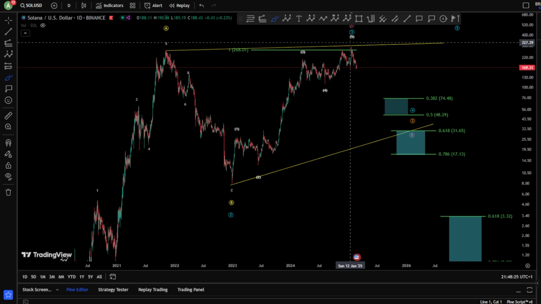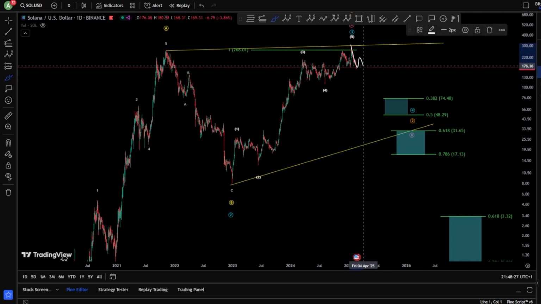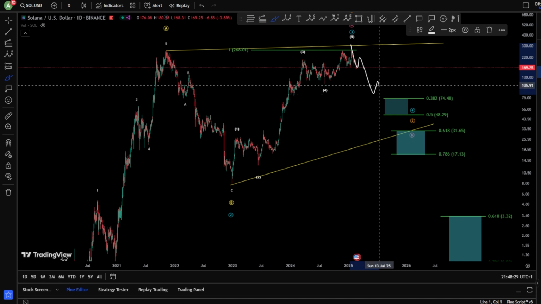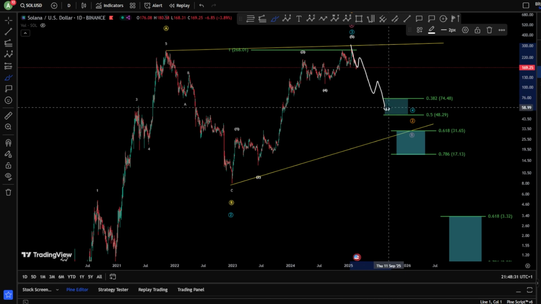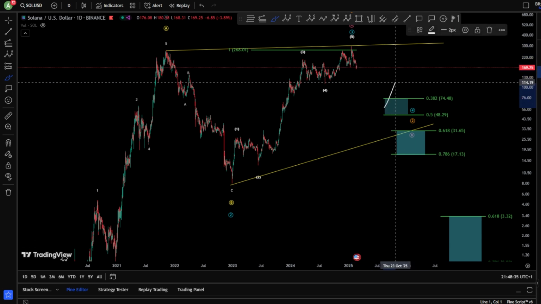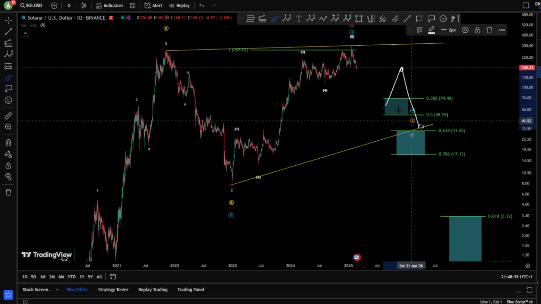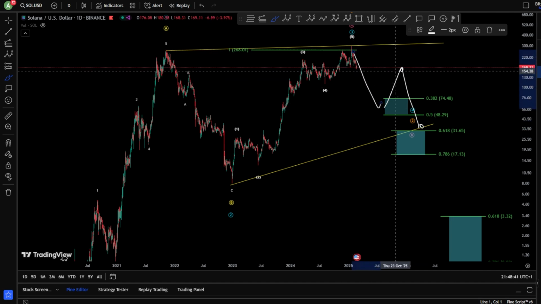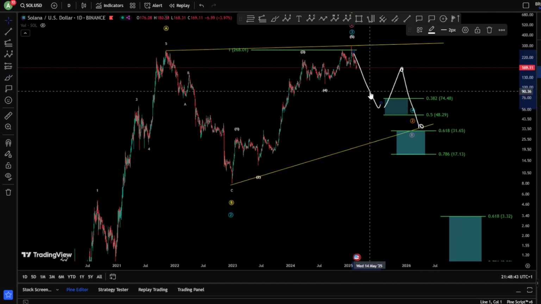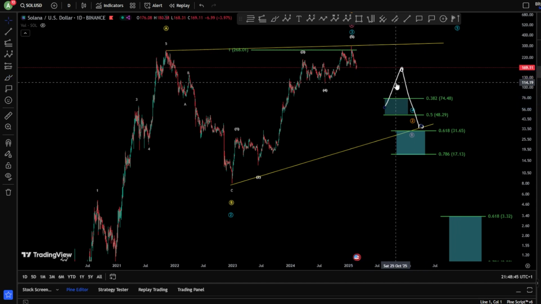And in this case scenario, you are moving very impulsively toward the downside in 1 2 3 4 and a 5, probably to reach the first target as an impulse toward the downside, and probably a retracement again for a wave B, and then final wave C after an A, B, and a C corrective wave in 3 waves.